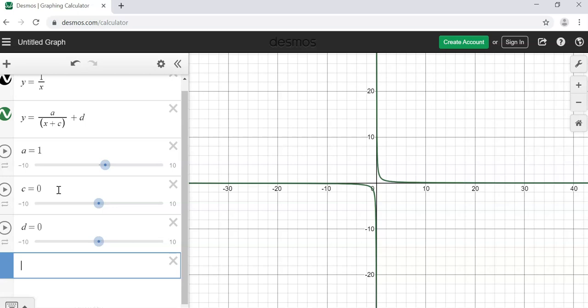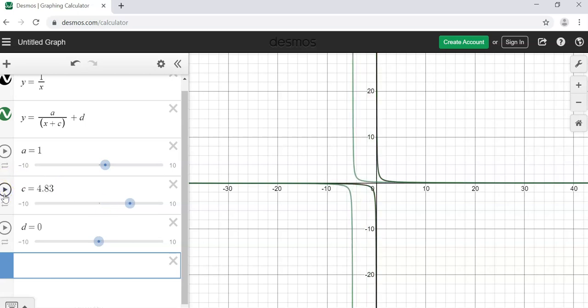So just like we've seen in previous examples with this horizontal translation, it actually moves the graph in the opposite direction to what we think. So we're starting off with 0. As we increase this value c, that's going to move the position of that x under which this value is going to be undefined. And so we should see this shift to the left.